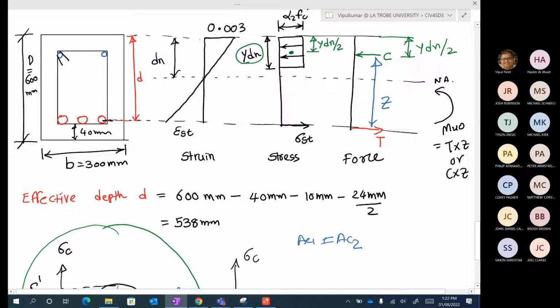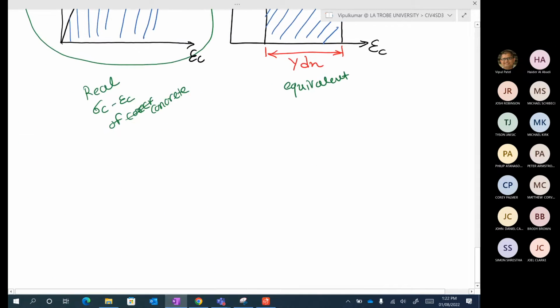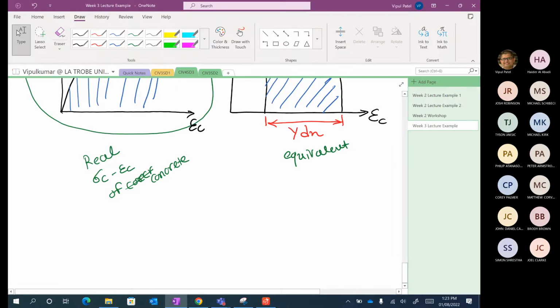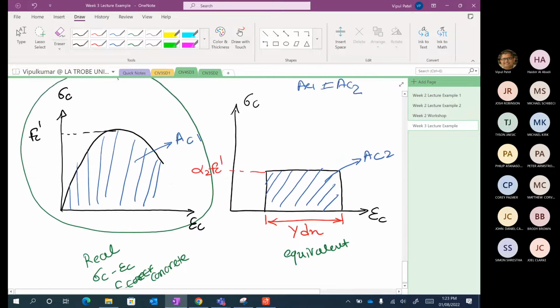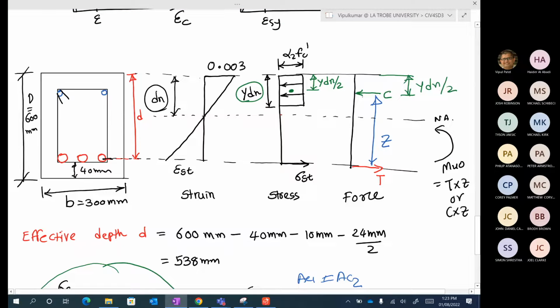Now our ultimate challenge is to find the neutral axis depth. This one. Once you find the neutral axis depth, most of our work is completed. So how are we going to find the neutral axis depth? From the force equilibrium, I know that the force C, which is the green one here, is going left to right, and the red one is going right to left. So these forces should be equal and opposite to have equilibrium.